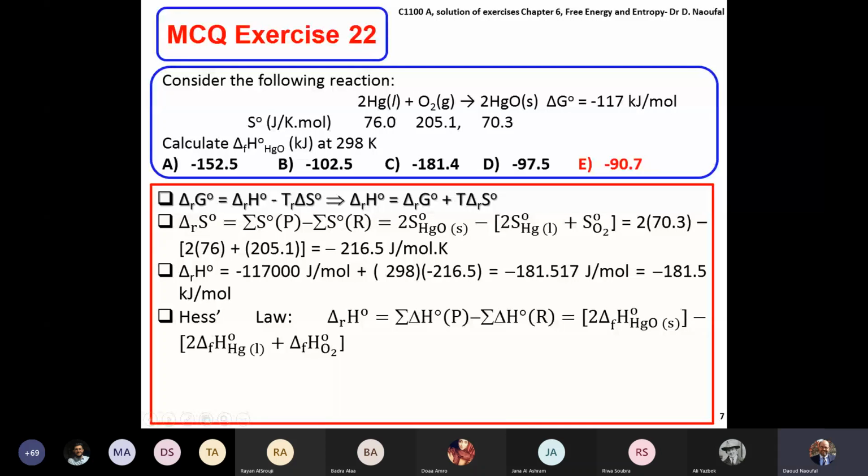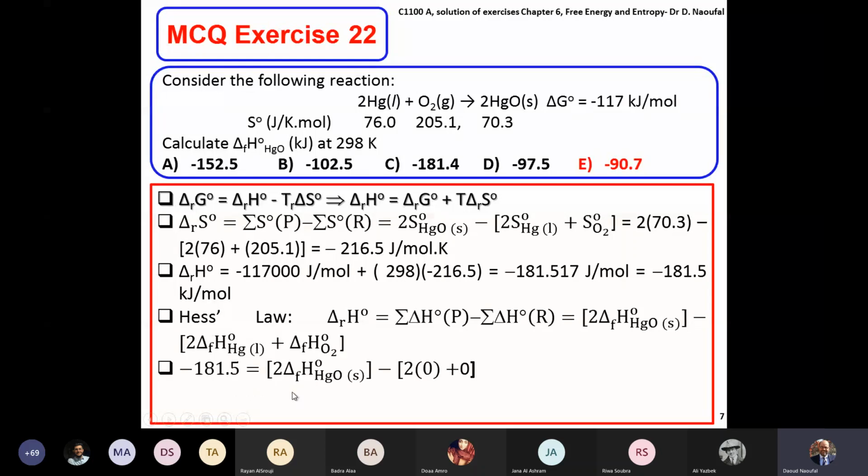So now we apply Hess law. Delta H0 equal delta H0 formation of the products minus reactants, equal delta H0 formation of HgO solid, which is requested in this exercise, minus 2 times delta H0 formation of Hg liquid, which is equal to 0 since mercury at the standard state is Hg liquid, and delta H0 formation of O2 gas is also equal to 0 since O2 is a simple element.